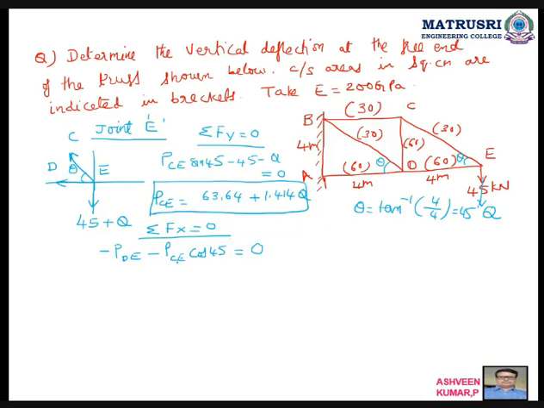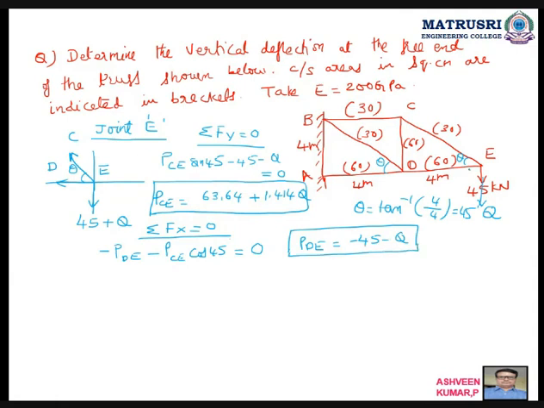We got the value of PCE, so substituting here I'll get PDE. PCE into cos 45, that same thing will come, so minus 45, minus. Keep this also in a box, so that when I make a table it will be easy for you.